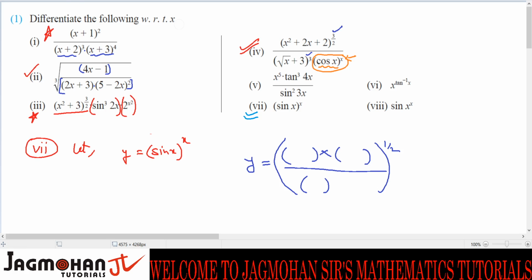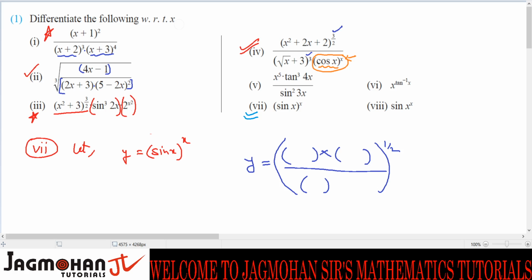Why? Because log will change the product to sum, the quotient to difference, and the power to coefficient. So all those things are not working here. In this question number 7, it's a different question.